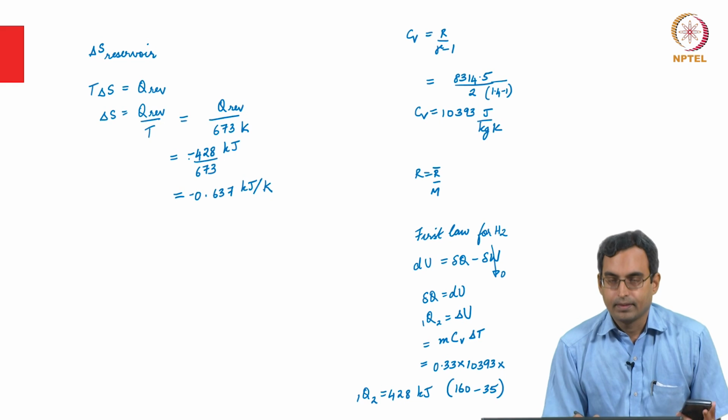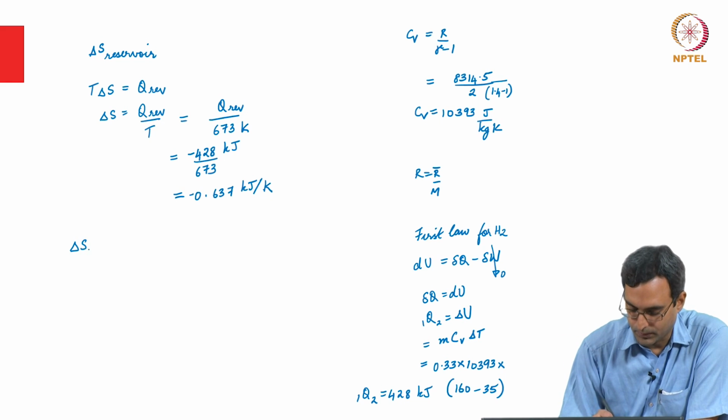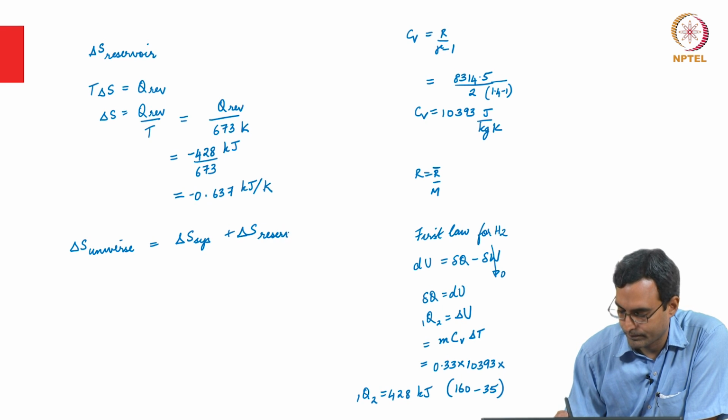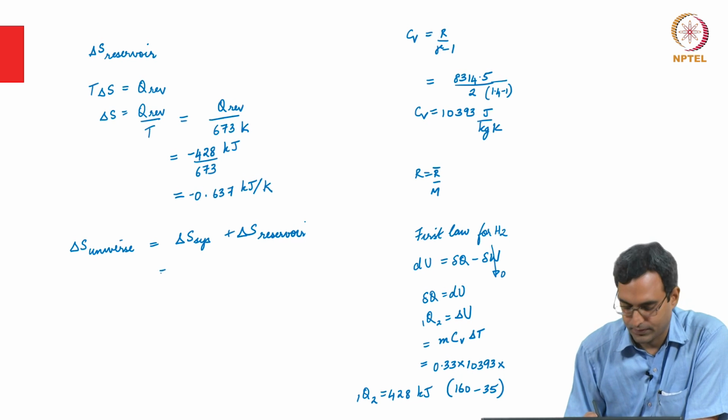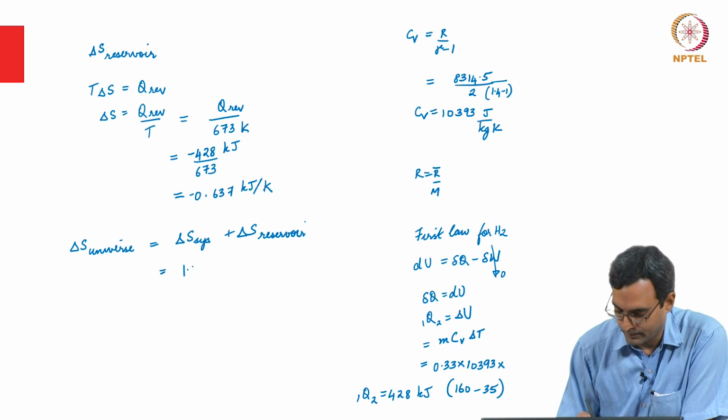So, this is what I see, and if I look at the entropy change for the universe, it is essentially entropy change for the system plus entropy change for the reservoir. So, for the system we just found that out, it was 1.18 kilojoule per Kelvin and this is minus 0.637.